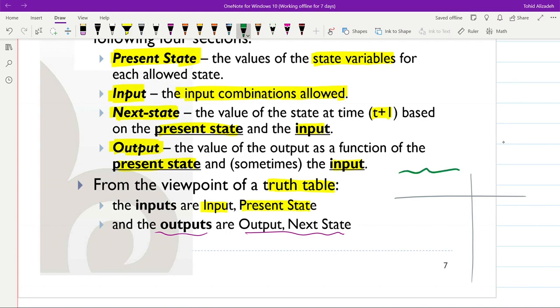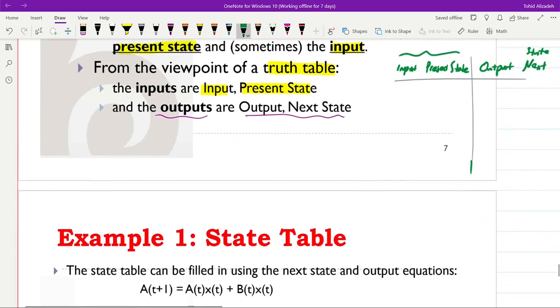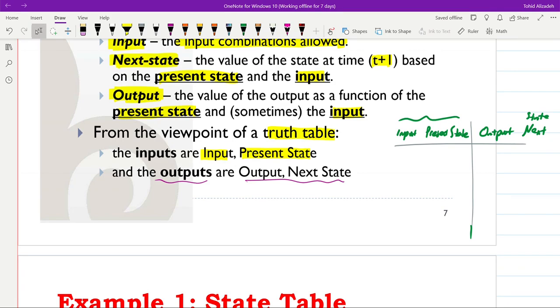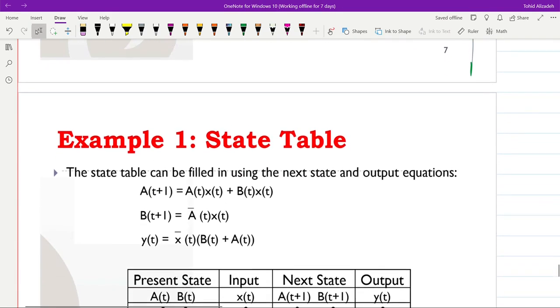So on the input side, we will have the input and present state, and here we will have the output and the next state. So in this case, we will have a kind of truth table, and looking at that truth table, we can find expressions for the output and next state, and as a result, we will be able to construct a sequential circuit. Okay, so let's go through an example.